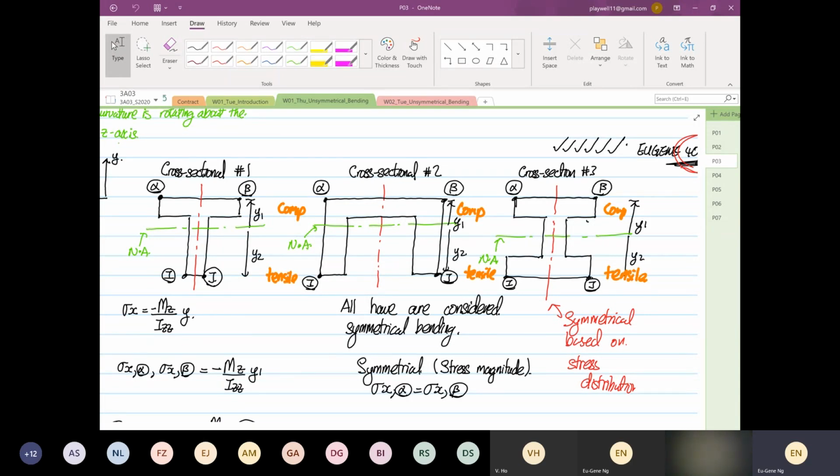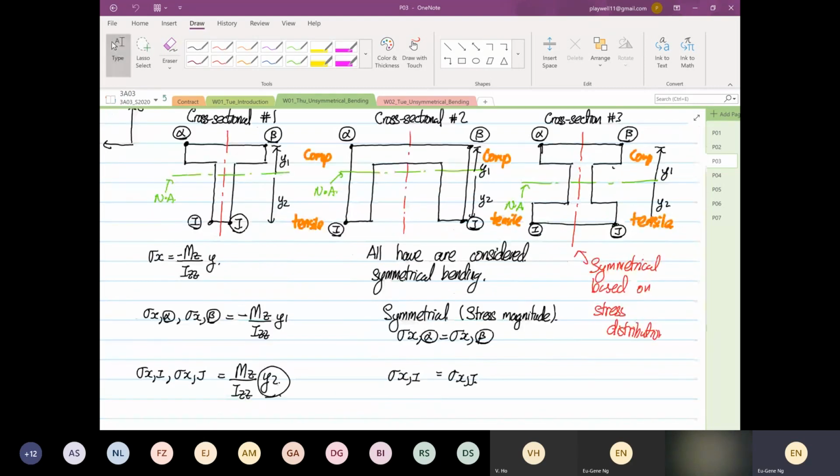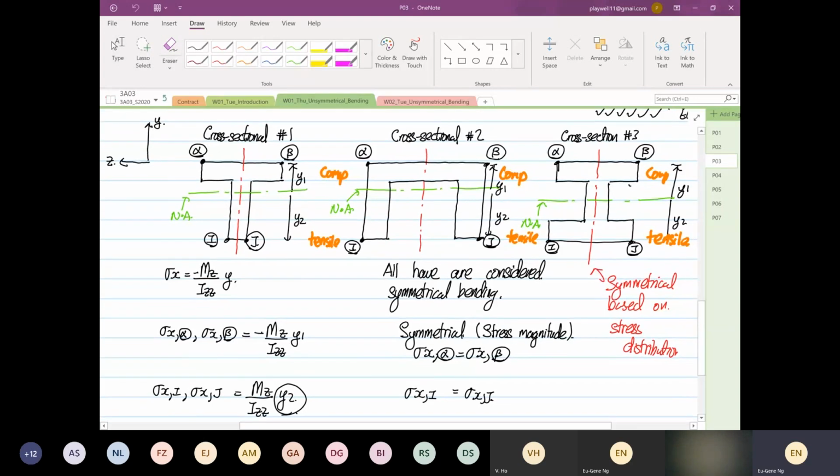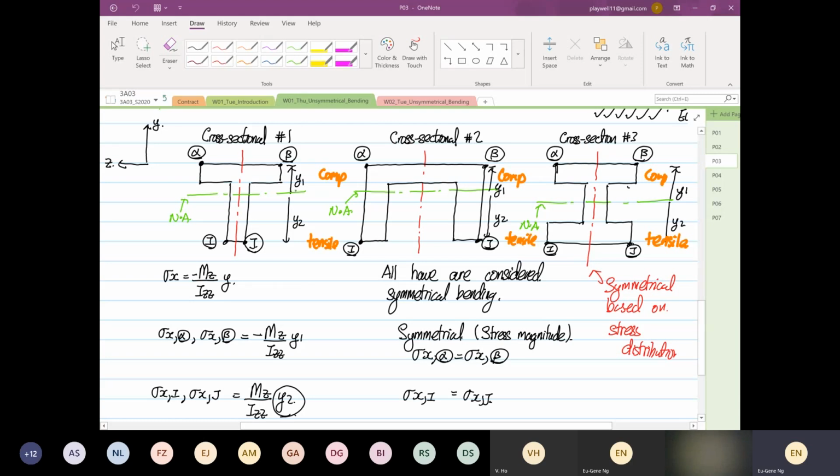This is because stress alpha will be equal to stress beta for all the cross-sections, and stress at I is equal to J in all cross-sections. Why is that? Because it all depends on symmetric loading. It all depends on the distance y1 and y2 only.